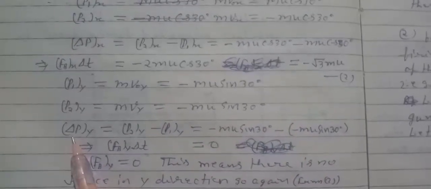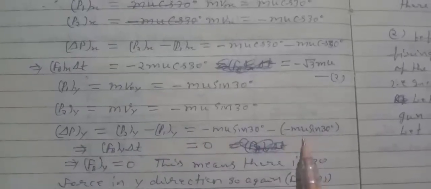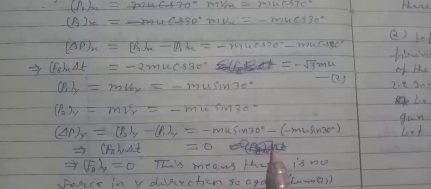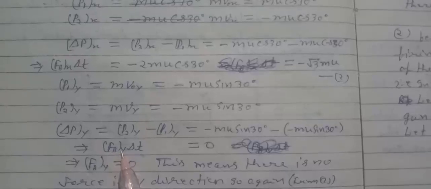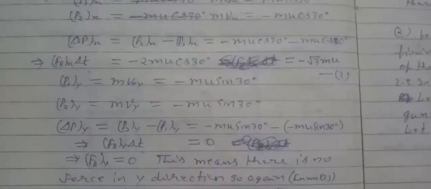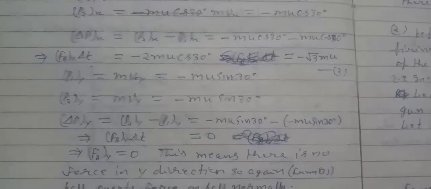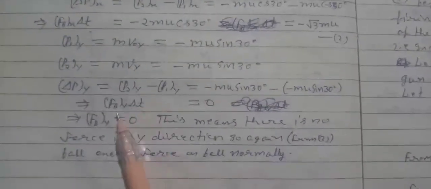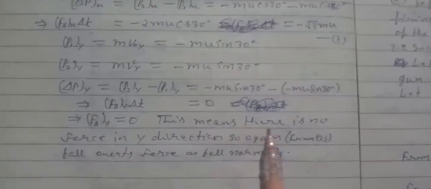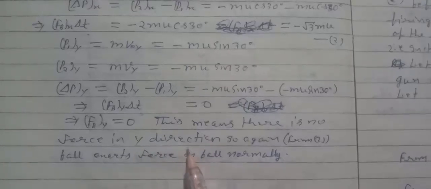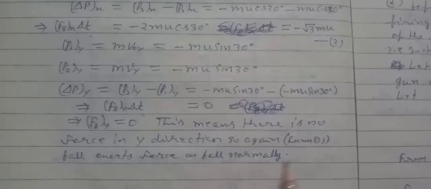Hence the change in momentum along y direction p2y minus p1y equals minus mu sin 30 degrees minus minus mu sin 30 degrees, which comes out to be 0, and this can be written as fby into delta t equals 0, where fby is the force on the ball along y direction. This implies fby equals 0. This means that there is no force in the y direction. So again the wall exerts force on the ball normally.